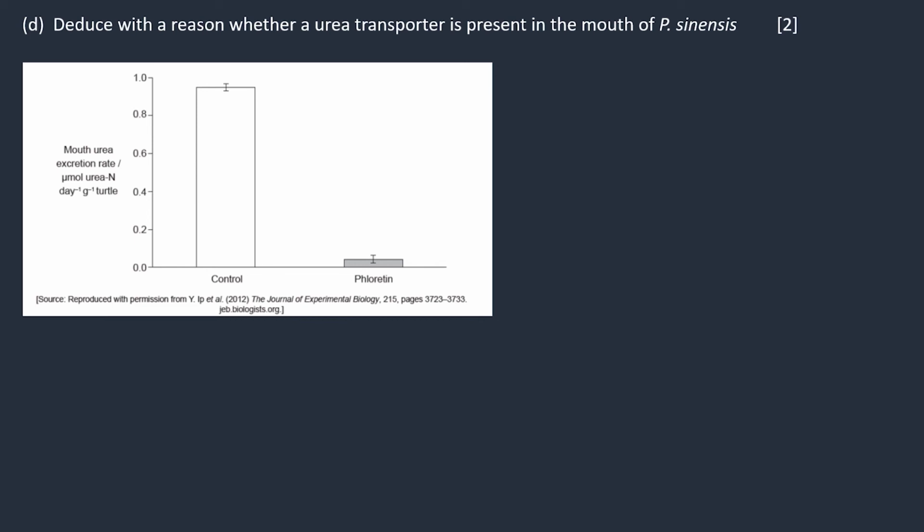And so it says, deduce with the reason whether a urea transporter is present in the mouth of P. sinensis. And as we can see from the bar chart here, and the drastic decrease, we can say that urea transporter is indeed present, as in the presence of fluoretin, we get almost zero urea transport and excretion.